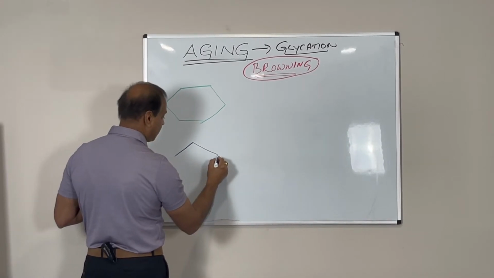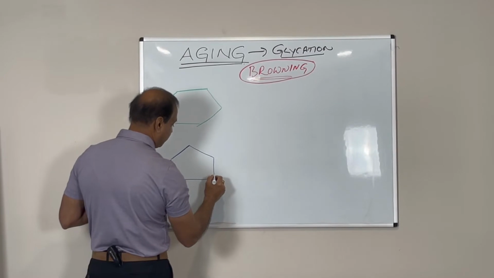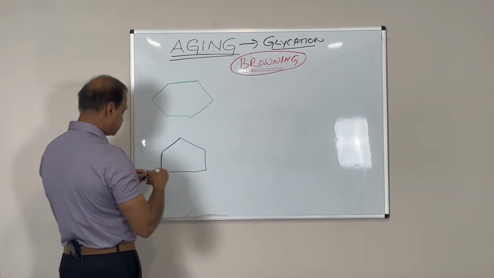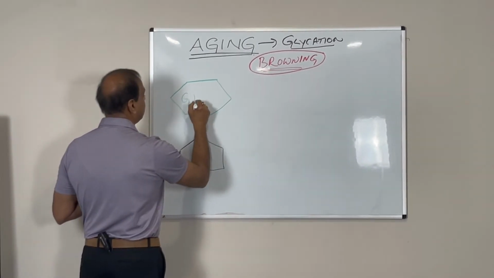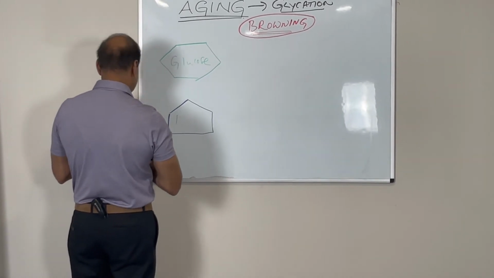So they are not the same, they are different. They have 5 angles, but it's 6 carbons with only a 5 membered ring. So this is glucose, and this is fructose.